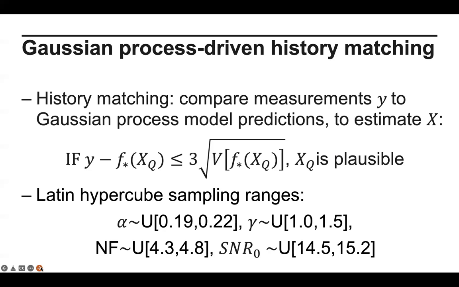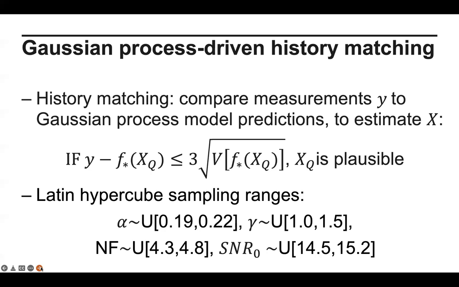So we have a plausibility criterion, which in this work was defined as: if the predictive mean F star of the Gaussian process is within 3 predictive standard deviations of the target Y, then XQ is a plausible set of parameters. We train our GP using 200 values taken from a Latin hypercube sampling using the simulator.